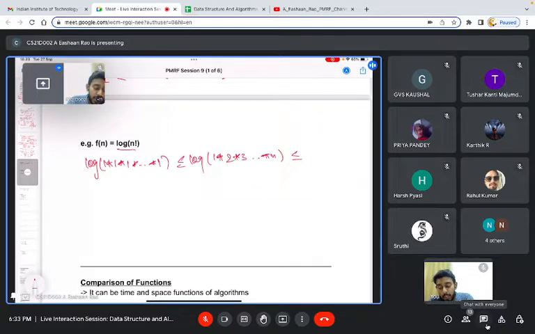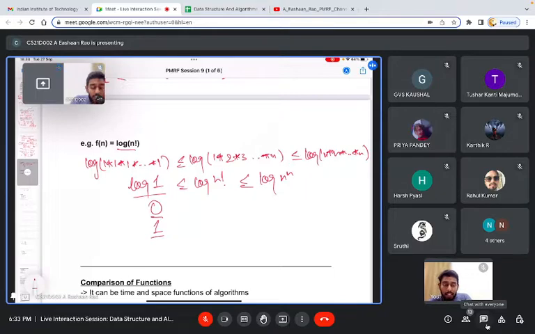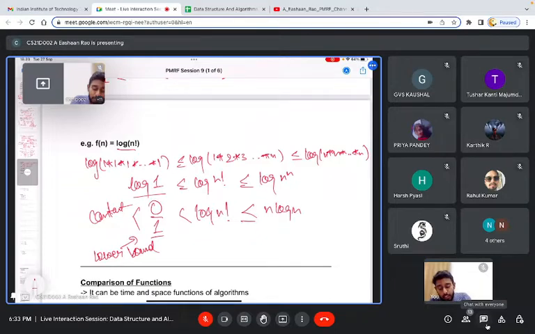Similarly, I am replacing 1, 2, 3 with n to get an upper bound. If you try to solve it, it will become log 1 less than log n factorial less than log n raised to n. Now log 1 is usually 0, but for our convenience we can take 1, since 0 and 1 are the same, it's a constant function. This is our lower bound, and then we have log n factorial, and if we try to solve this upper bound, it will become n log n.